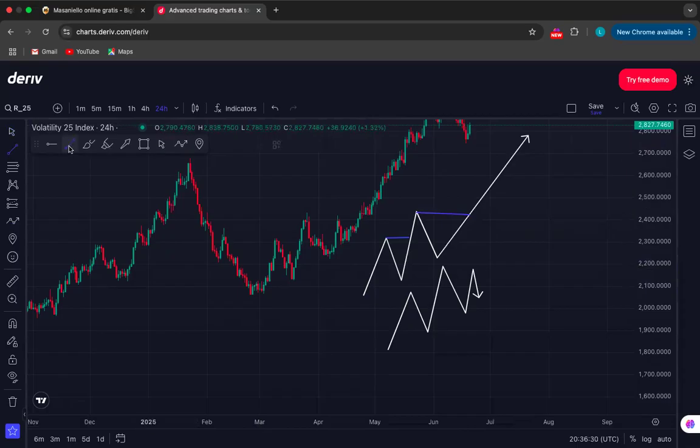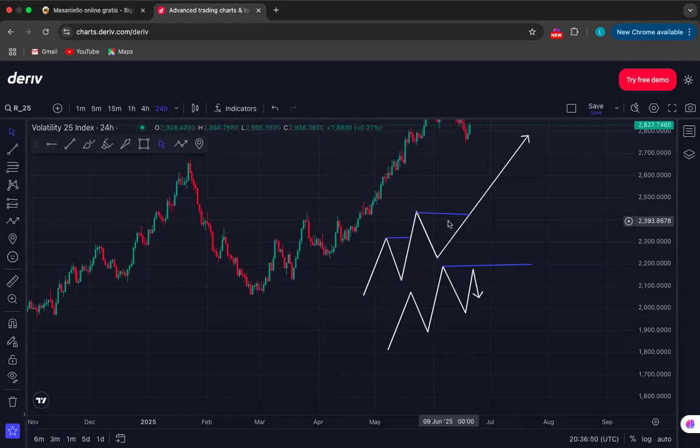Look at this. It did not break that structure. So this is not a break of structure. It is just internal structure, just the high. All right? So this is where our break of structure happened. You need to understand the concept.